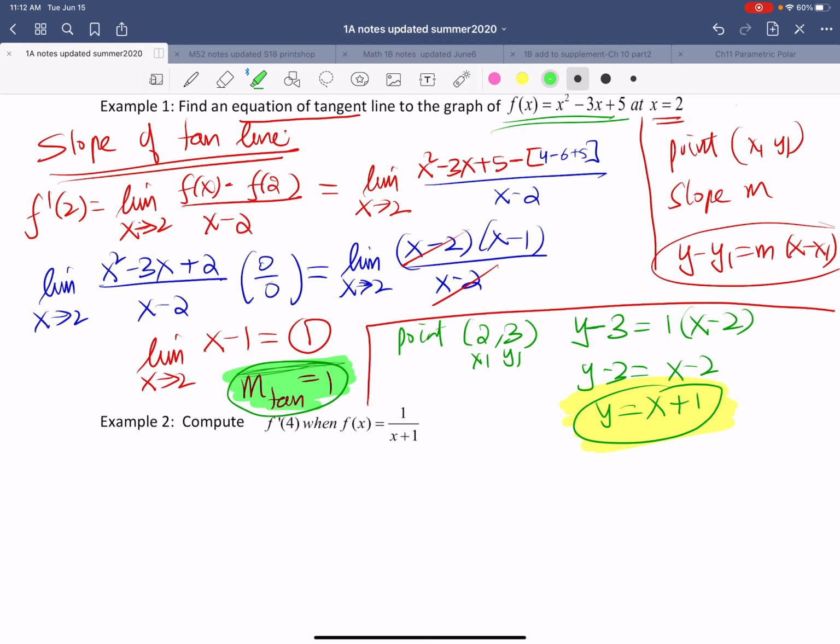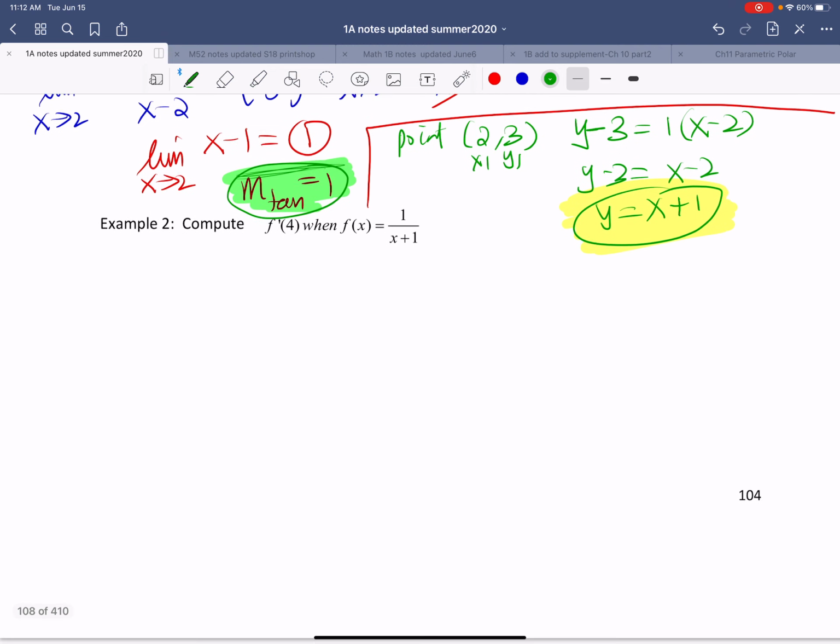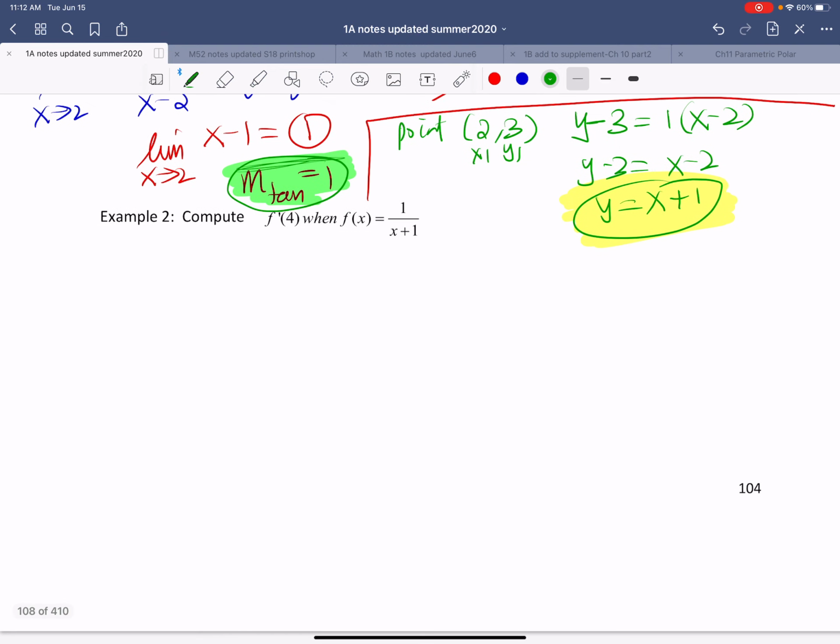Next, we're going to compute f prime of 4 when f of x is 1 over x plus 1. So for f prime of 4, we can use either the limit definition of the derivative or the difference quotient.